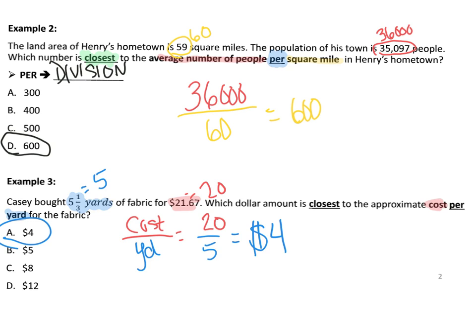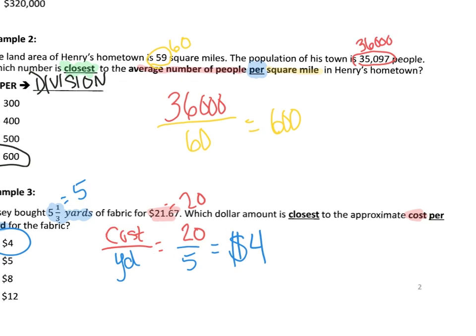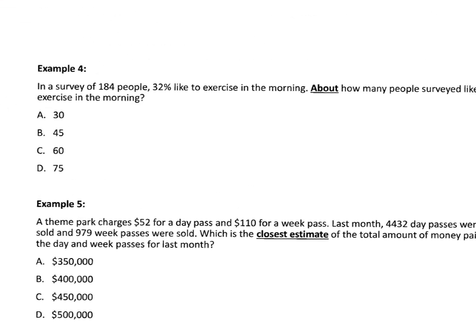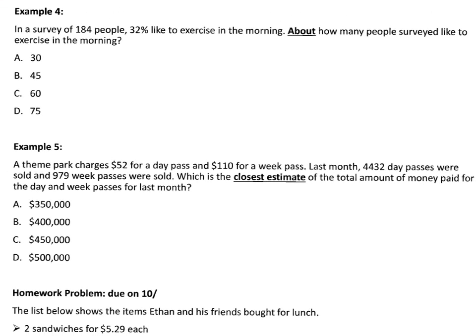So now let's go on to the next one. I want you to try example 4 now. I'm just going to put the answer. I'm not going to put the work there. Okay, so pause and try it. Okay, so hopefully for example 4, you got 60. Okay, so now for example 5, I want you to take a moment and read that. Really try to ingest what it's saying.